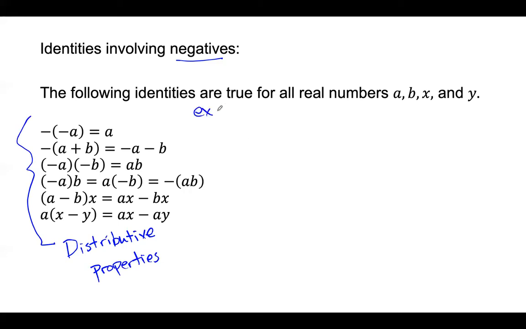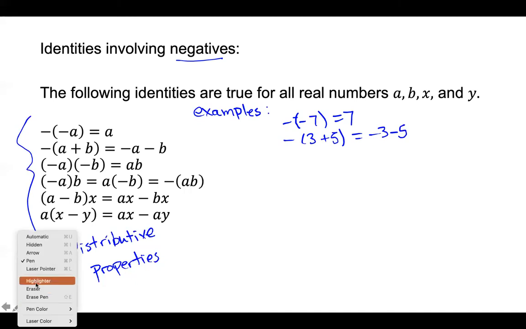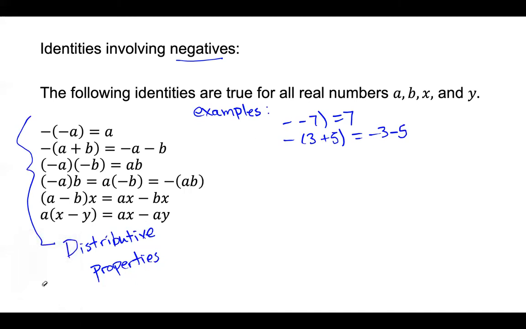So examples of these are, let's say, negative times -7 is 7, or -(3 plus 5) is going to be -3 subtract 5. The next one here is, let's say we have -3 times -5.